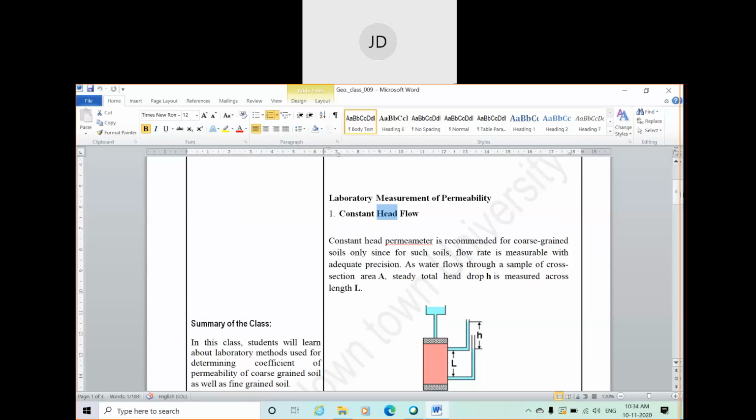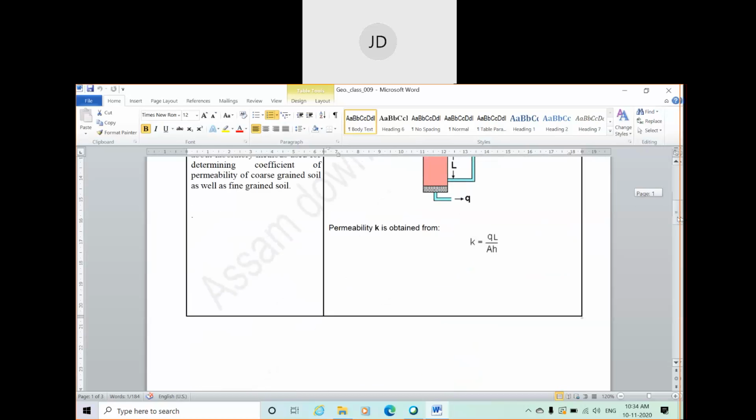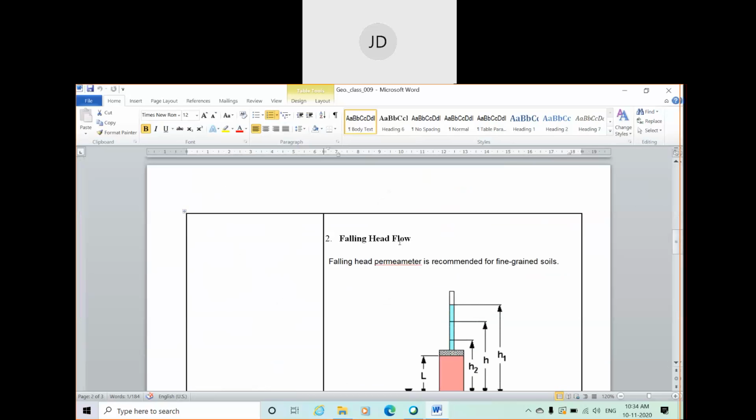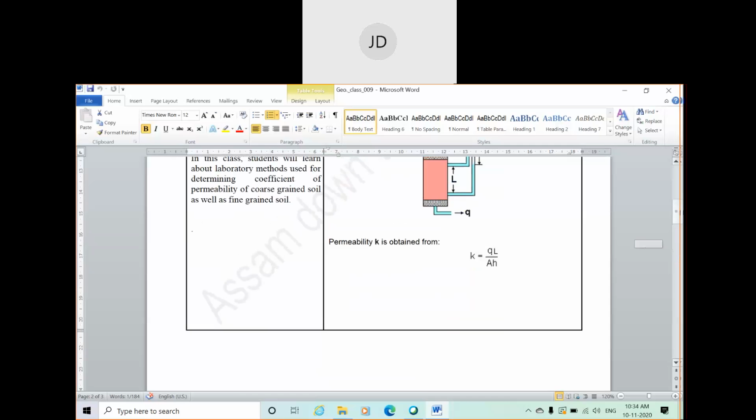That is the head due to which the water flows; it is constant in the constant head permeability test. In the falling head test, the head is not constant; it is decreasing or falling. That's why it is called the falling head permeability test, and the apparatus is known as the falling head permeameter. These are the basic differences between the two methods for determining the coefficient of permeability.